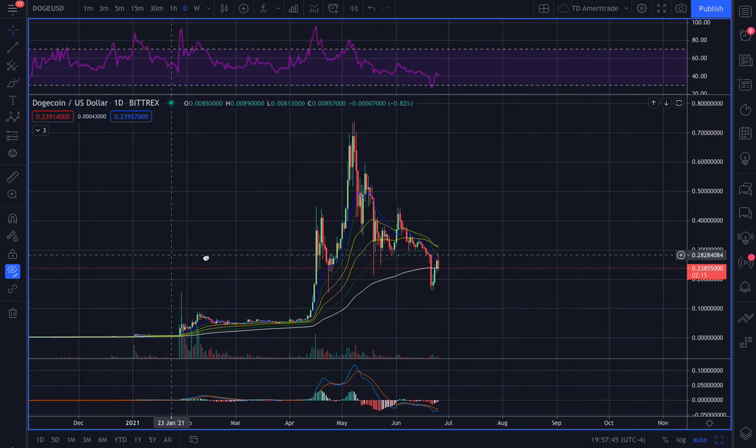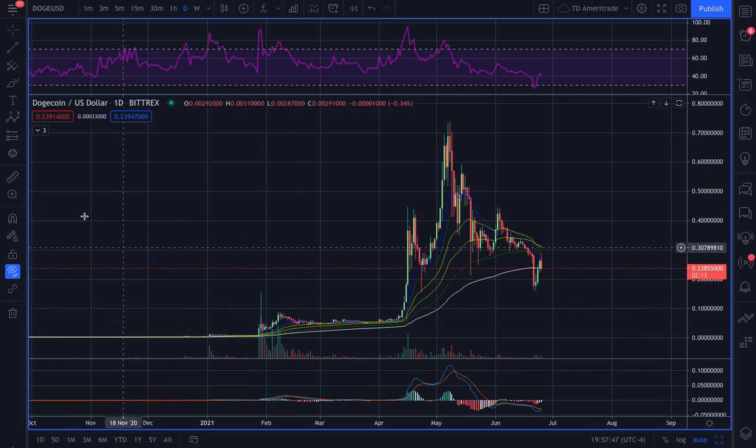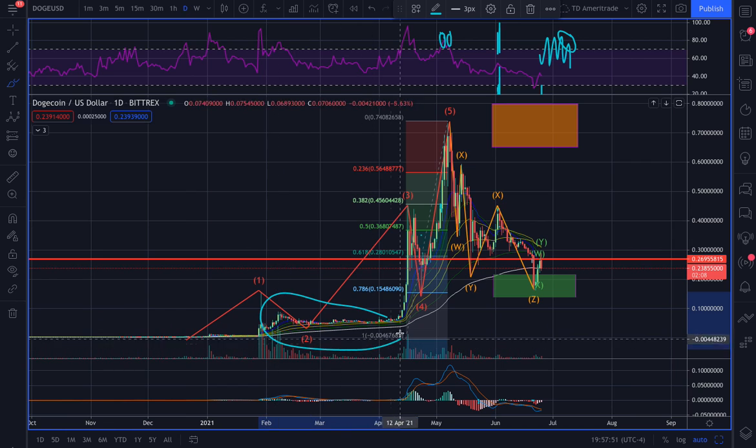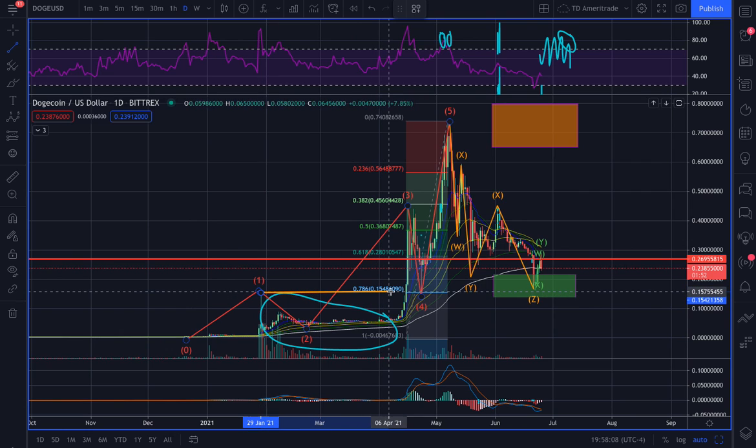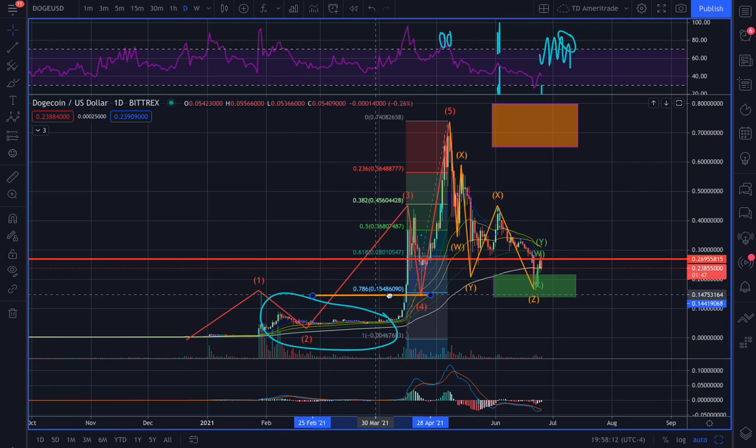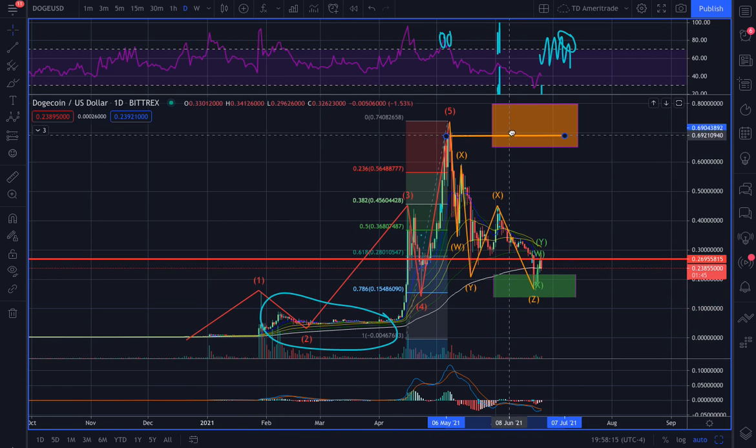Okay, there it is. This is what I'm talking about right here. Look how long that took. That was just a subwave in this 5 waves up. And how many months was that? When did it end? We haven't even been in this correction that long.